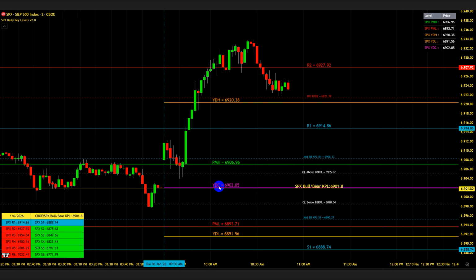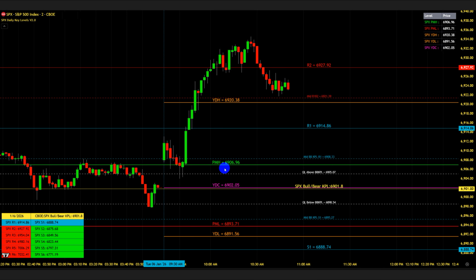The YDC is the previous RTH session close, and the YDL is the previous RTH session's low. These are important key levels as well. They can serve as breakout levels, reversal levels, or stall levels, depending on the context of the session and which levels we're looking at.